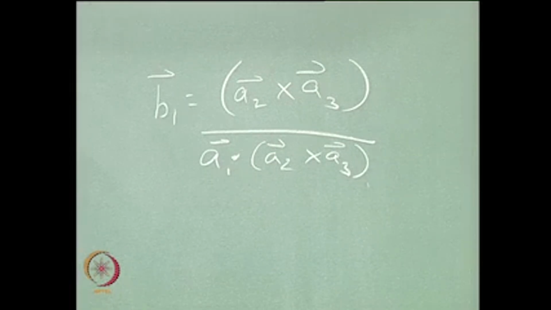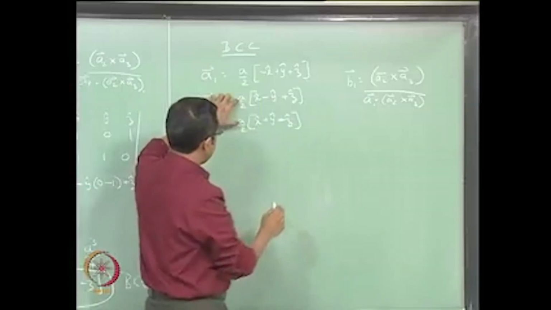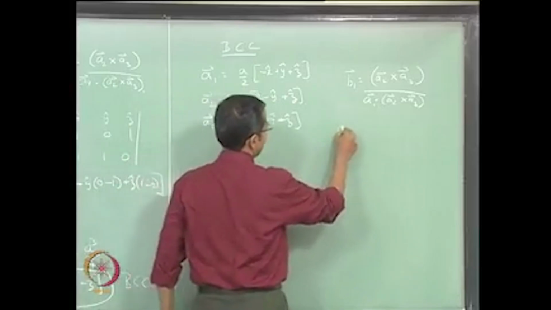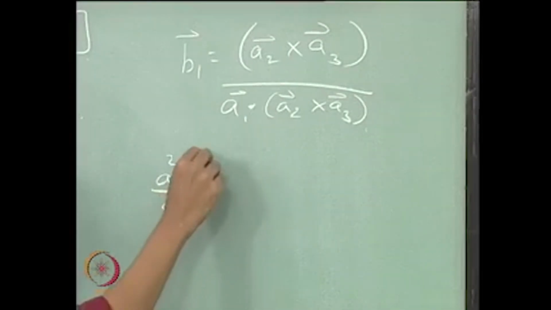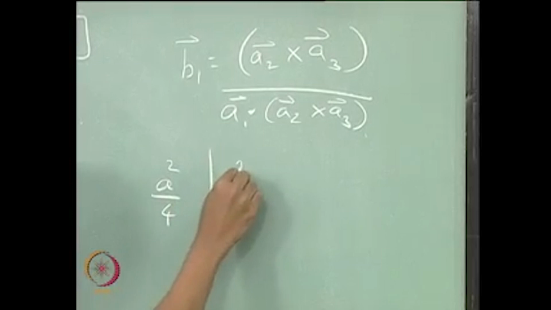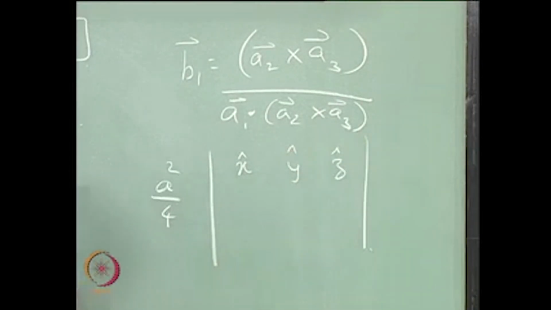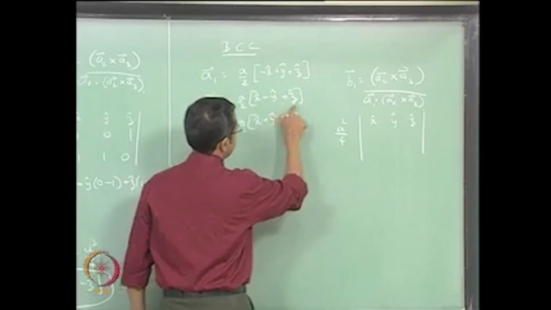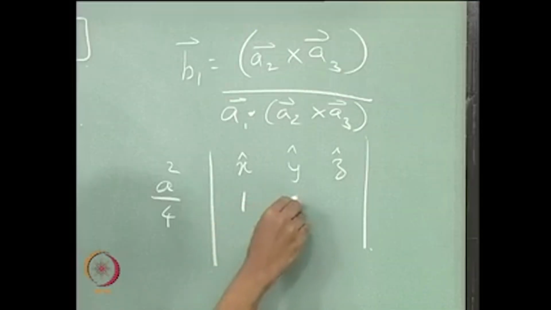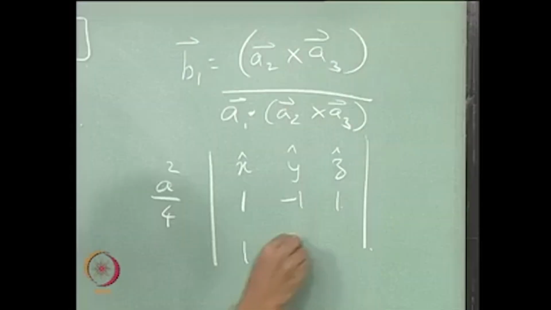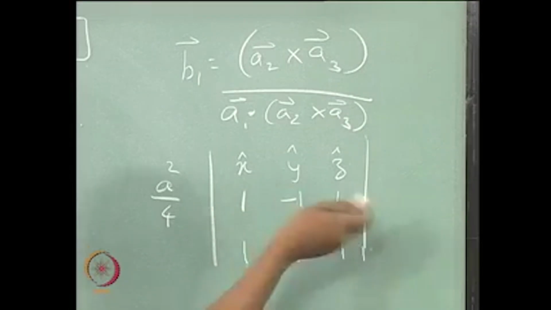We have to take a cross product of these two, that is a by 2 times a by 2, which becomes a square by 4, and we can write x cap, y cap, z cap, with plus 1 minus 1 plus 1, and plus 1 plus 1 minus 1. We expand this, what do we get?